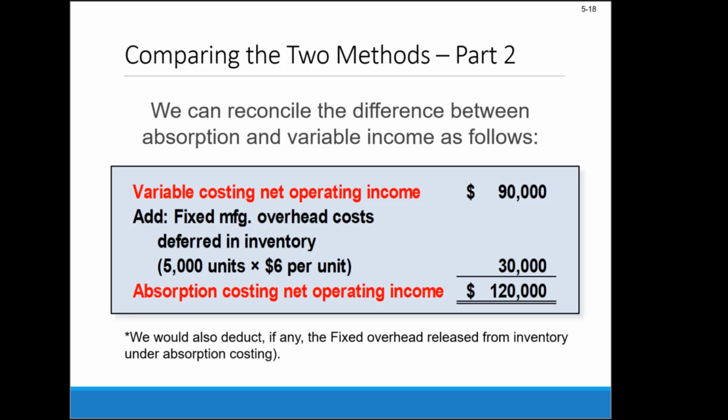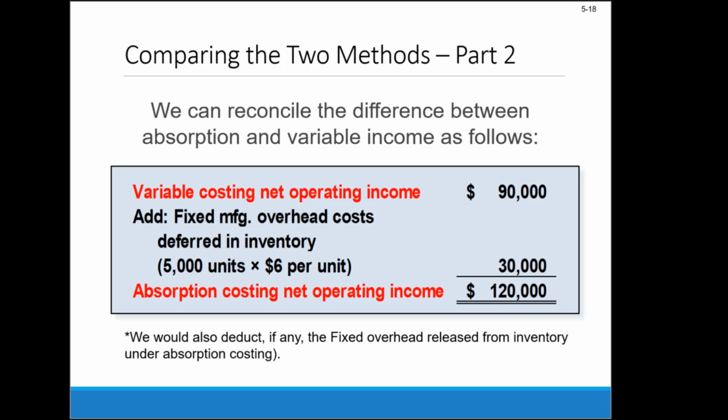If we reconcile that top to bottom, it's just a couple quick steps to prove that out. Variable costing net income here was $90,000. We would add to that the fixed overhead costs that were deferred in inventory, aka trapped in inventory, $30,000, to get to our absorption costing net income of $120,000.